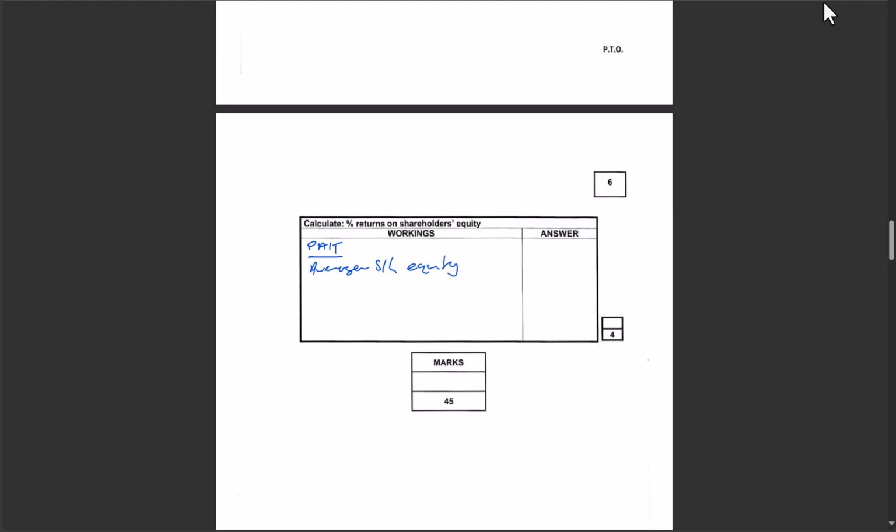So that's profit after interest and tax divided by average shareholders equity, right?